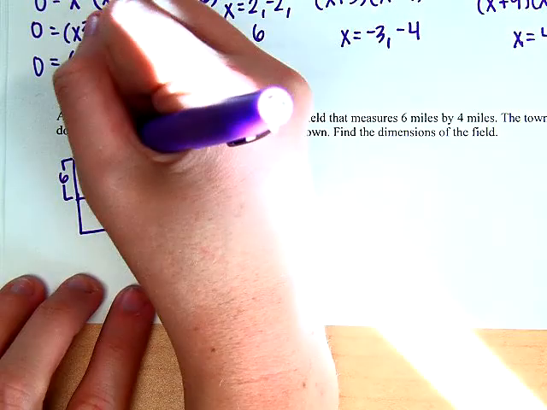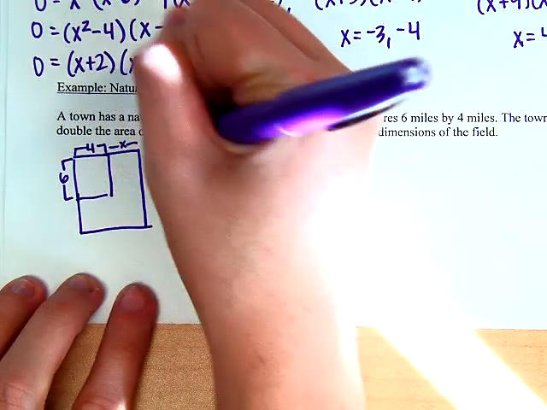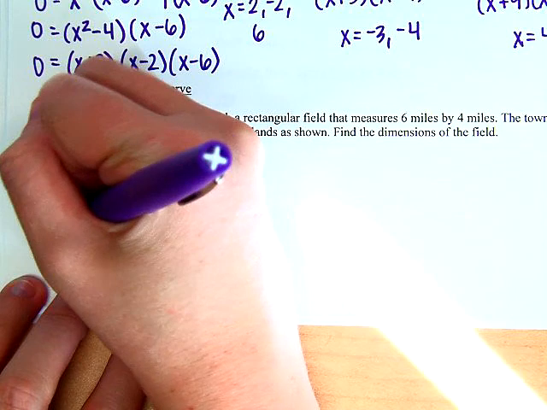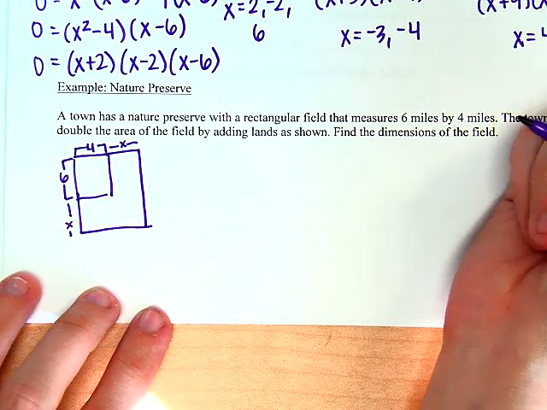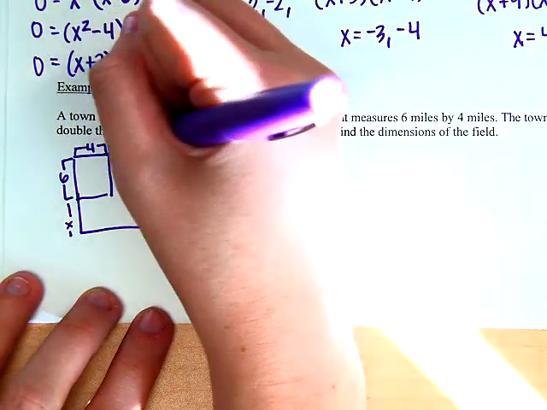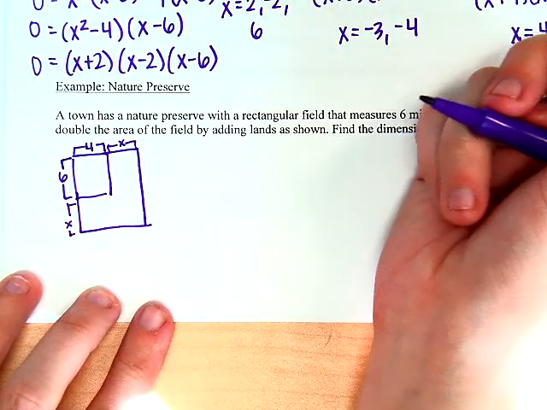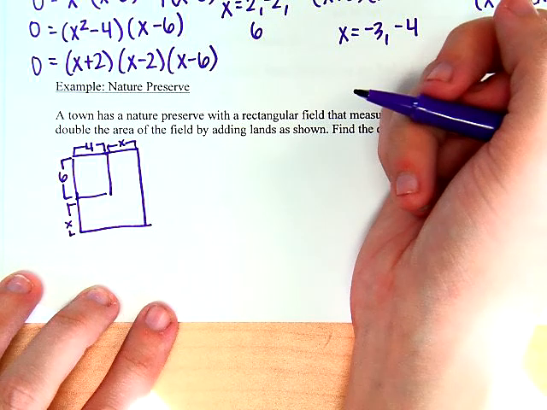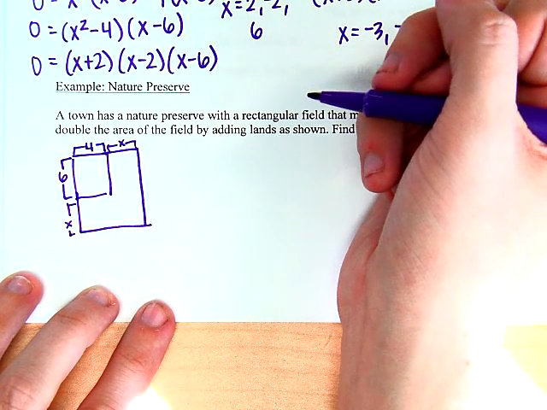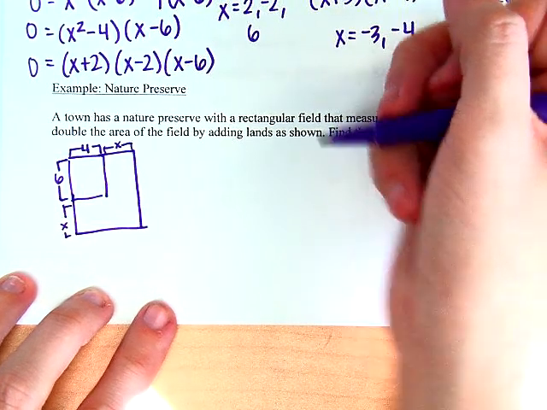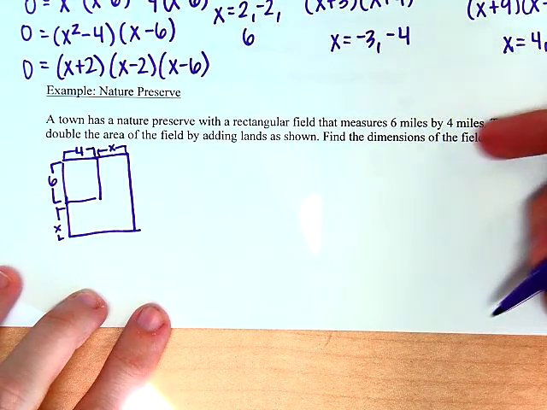So I'm going to add x to this side, and I'm going to add x to this side, whatever this x is going to be. I don't know. And since we want to double the field, we got to find the dimensions of the field.